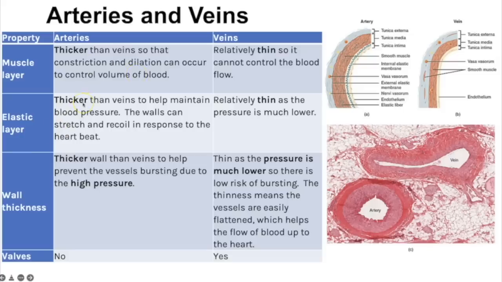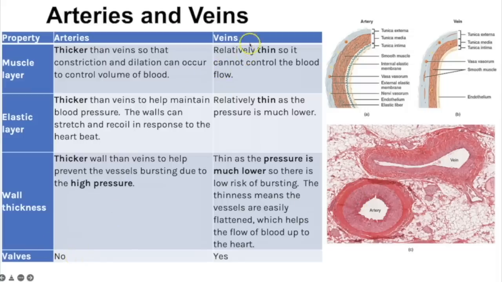They also have a thicker elastic layer than the veins, and that's to help maintain the blood pressure. So the walls can actually stretch and recoil in response to the heartbeat. So overall, the thickness of the wall is thicker because of those two thick layers, but also it stops the blood vessels from bursting at that high pressure. So we can see here how thick those walls are. They also don't have any valves.